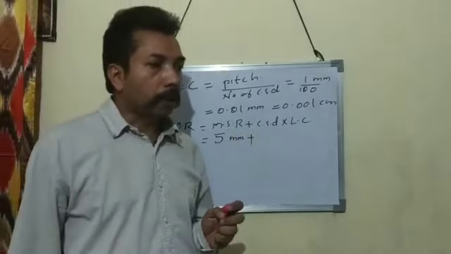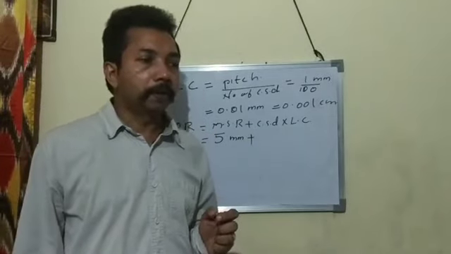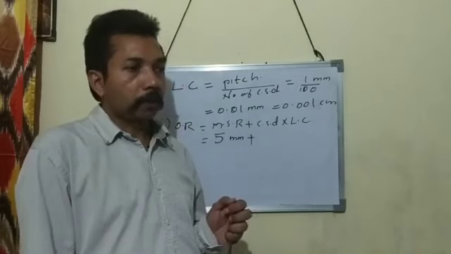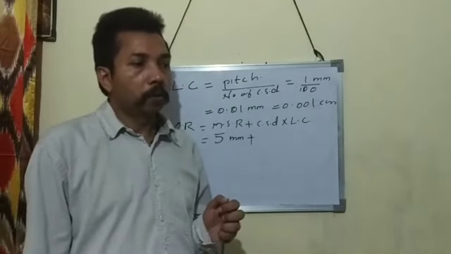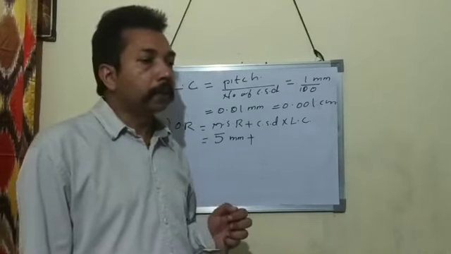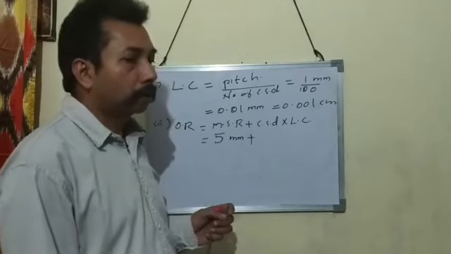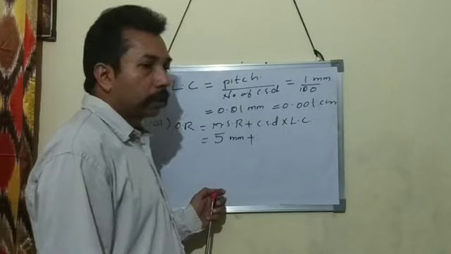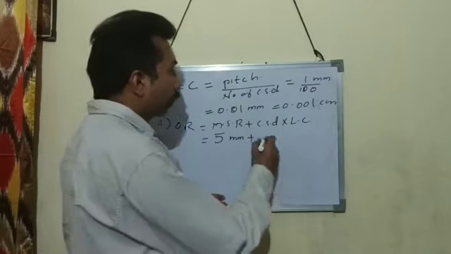Then the circular scale division coinciding with the baseline. After 30 you start counting. You can see the 34th division is coinciding.